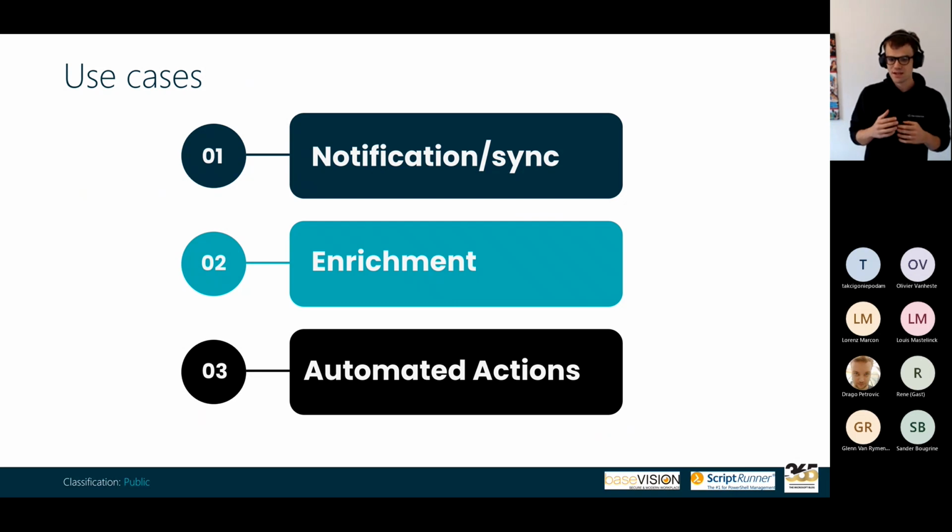This is trickier to do compared to regular enrichment because it takes a lot of work and you have to keep track of everything. So that's why I always recommend start with enrichment and then move to automated actions later on, because enrichment is where the quickest win is. It will be the biggest time saver you can have.